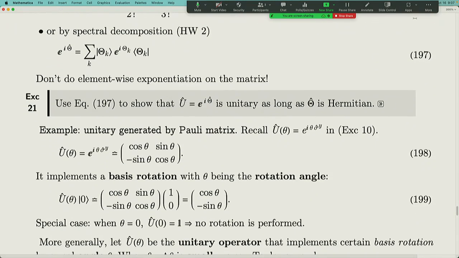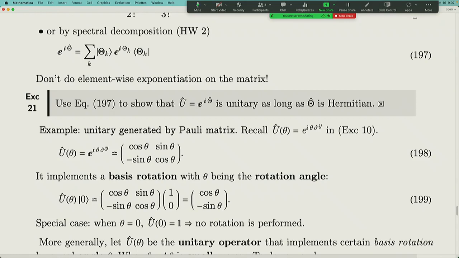However, if you're not in the diagonal basis, things can be very magical. So for example, if you try to raise e to the i theta sigma y, and we know theta sigma y is not a diagonal matrix, and then you try to understand what the matrix looks like, it turns out to be a non-trivial matrix. It's not diagonal.